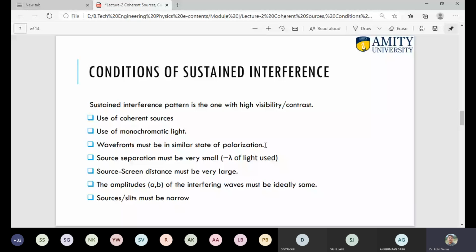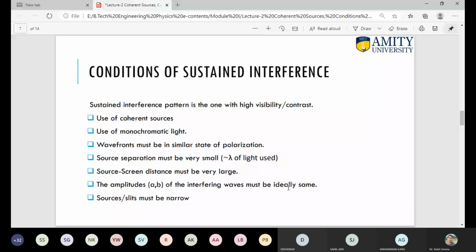If they are circularly polarized, then all of the sources should be circularly polarized, and if they are elliptically polarized, then all of the sources should be elliptically polarized. Source separation must be very small. Source screen distance must be very large, and the amplitudes of the interfering waves must ideally be almost equal.